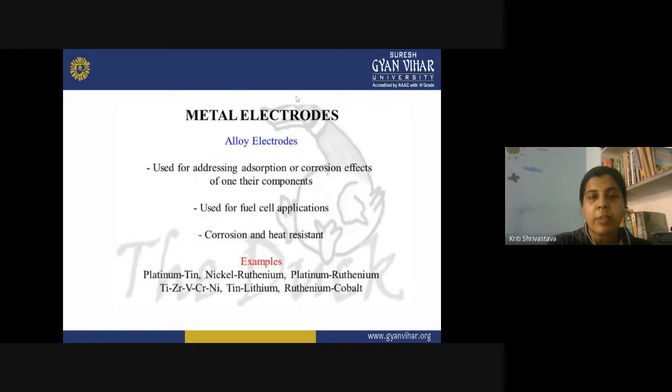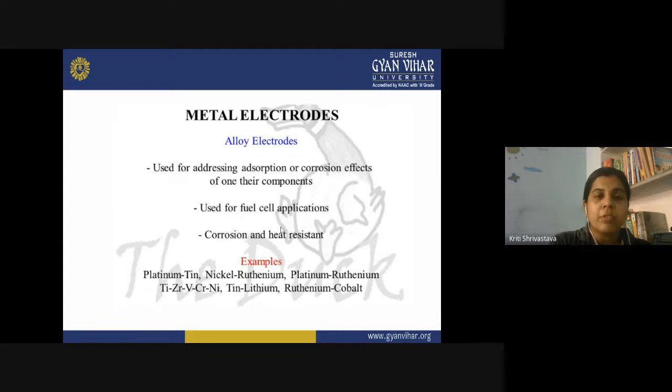When it comes to the metal electrode, it is also possible that we mix two or three metals, prepare an alloy, and then use that alloy for the manufacture of your electrode. So alloy electrodes are also very common, and they are used for addressing the adsorption or corrosion effects of one of their components. You know that alloys generally do not undergo corrosion effects, so these electrodes overcome that disadvantage of the metal electrode.